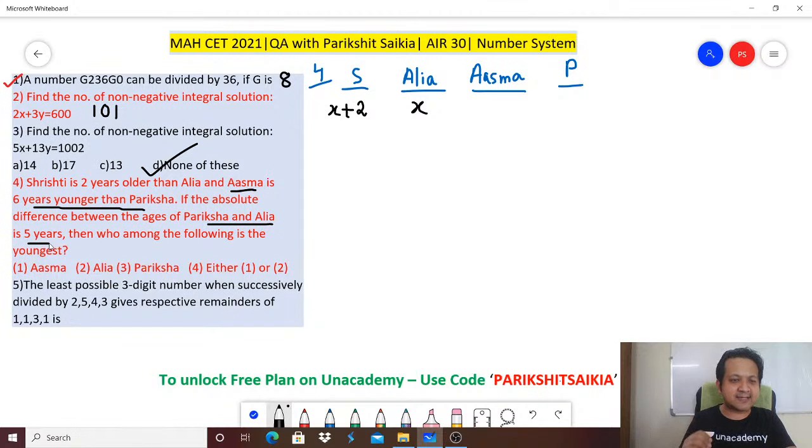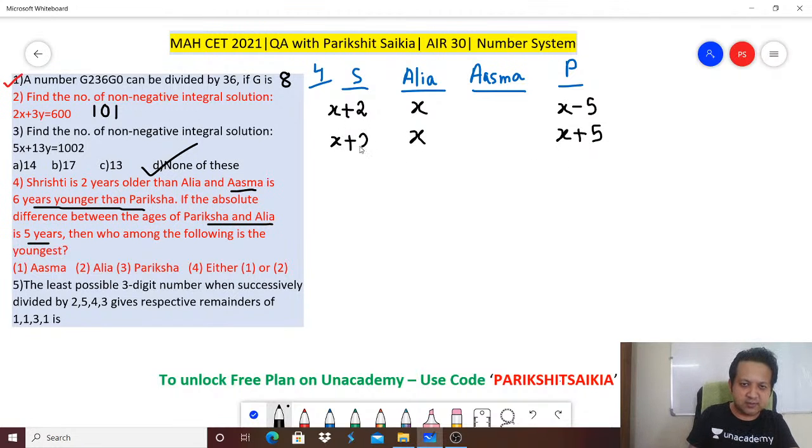If Alia is the eldest, then Pariksha will be X minus 5. And if Alia is the youngest, then Pariksha will be X plus 5, because the difference between both of them is 5 years. There are two scenarios. It looks like the answer might be cannot be determined, but you need to check it.